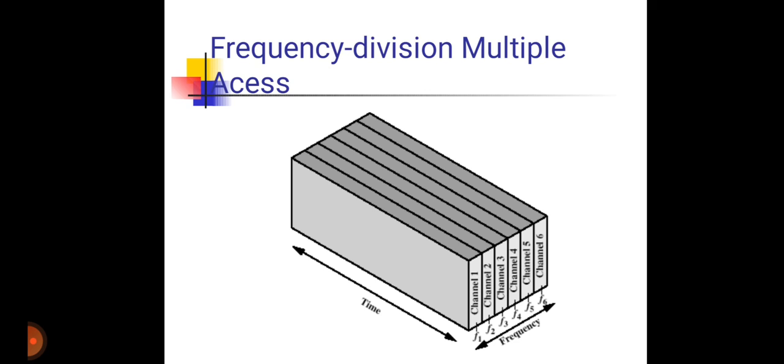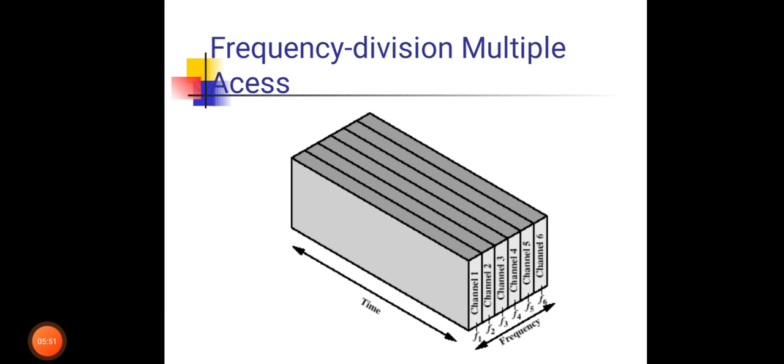FDMA gives users an individual allocation of one or several frequency bands or channels. An example of an FDMA system was first generation cell phone systems, where each phone call was assigned a specific uplink frequency channel and another downlink frequency channel.